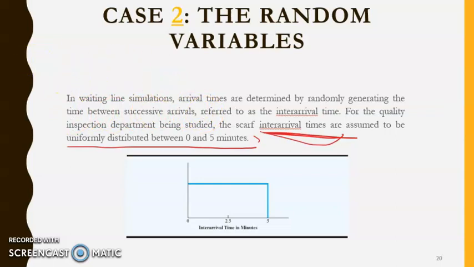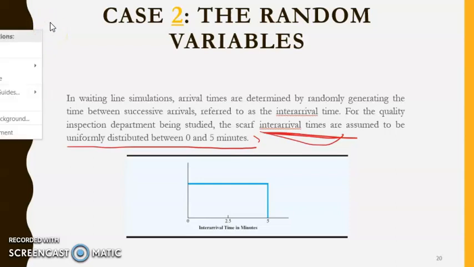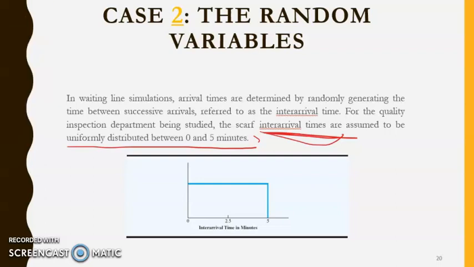For example, now if I ask you, okay, now you know about this system, how are you going to simulate the arrival of the customers, the arrival of the scarves? For example, you want to simulate the arrival of the first scarf. How are you going to simulate it?